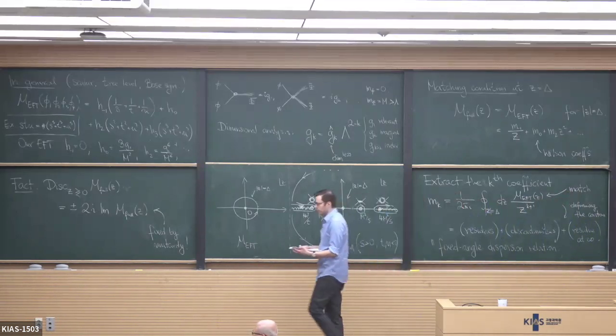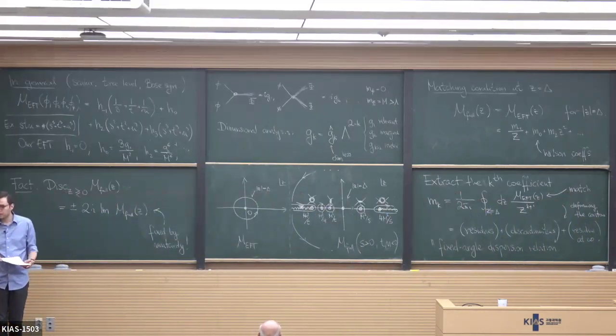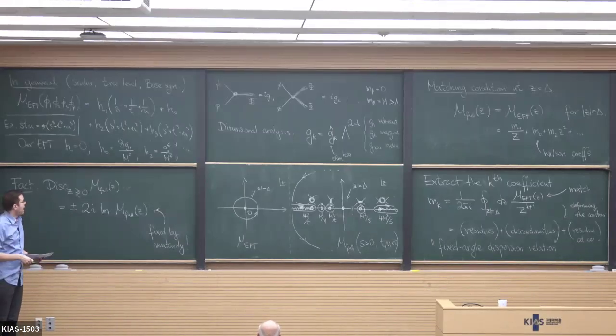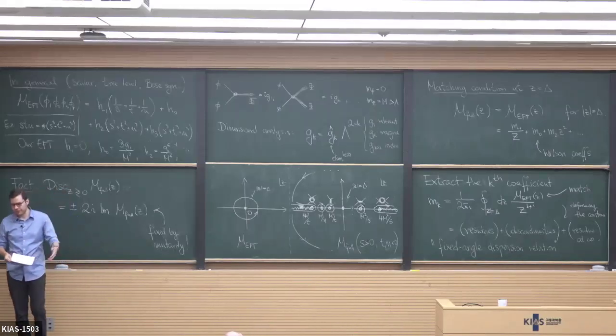So let me write down an explicit formula, yes? So at this point, we assume unitarity as just a pure assumption, right? The question was whether we assume unitarity or whether it's an outcome.